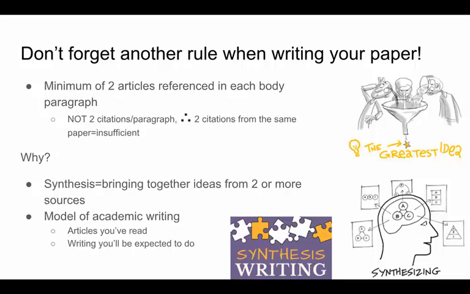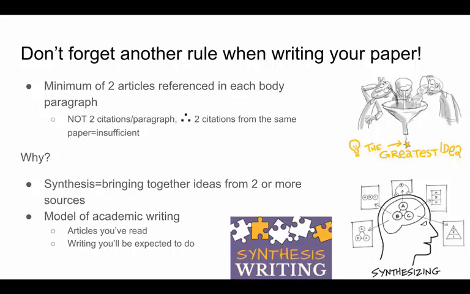Another thing is that this synthesis is a model of academic writing. It's articles that you've read, and a lot of academic articles bring ideas from many different experts. This is also writing that you'll be expected to do.